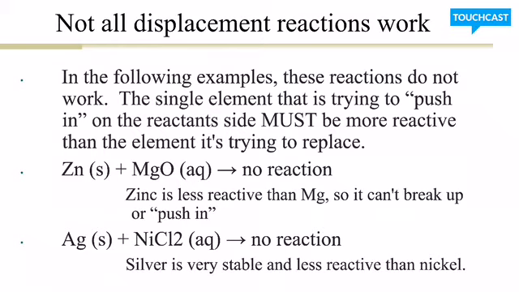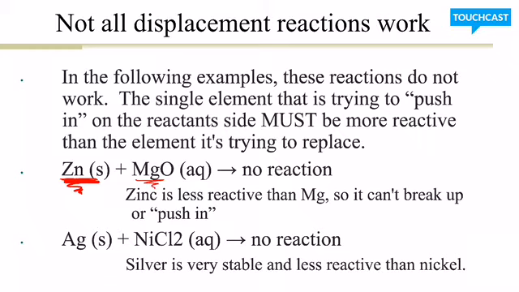You see, not all single replacement reactions will work. So in the following examples, these reactions will not work. The element that is single or alone needs to be higher in reactivity in order to push the reaction through. So in this first example, we would want to see the single element zinc be higher in reactivity than magnesium.